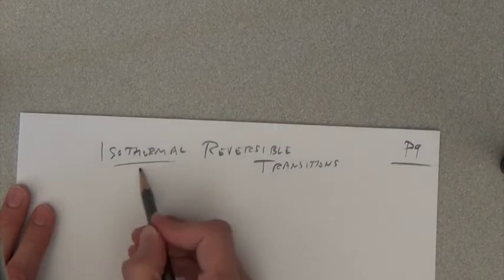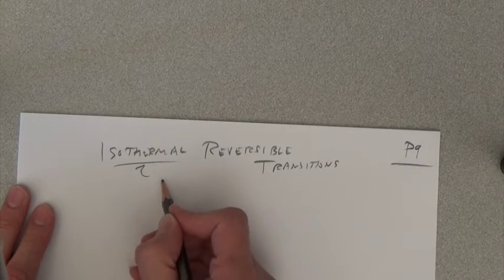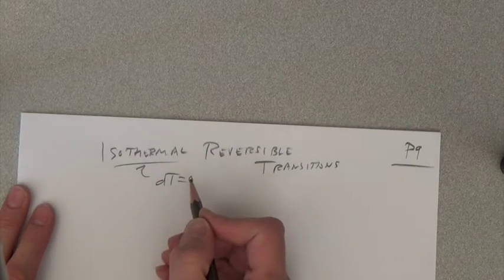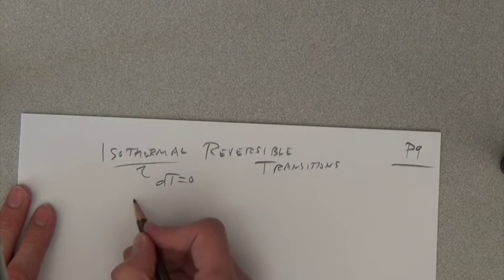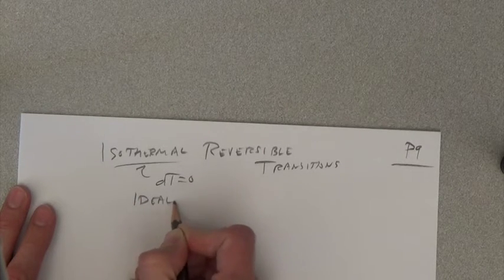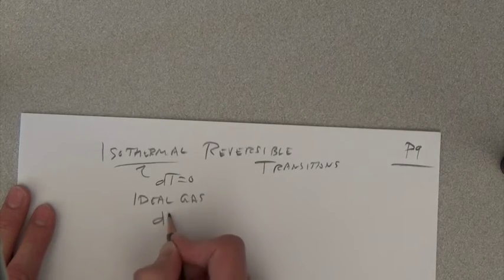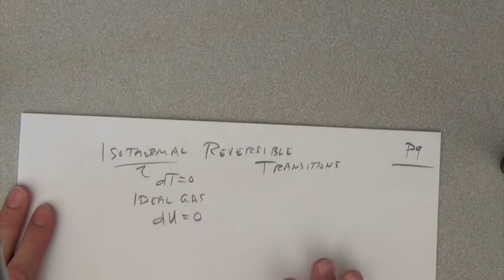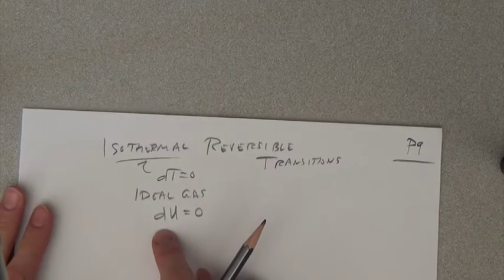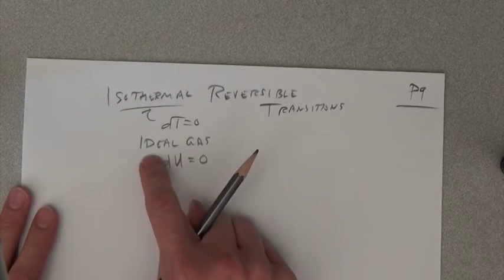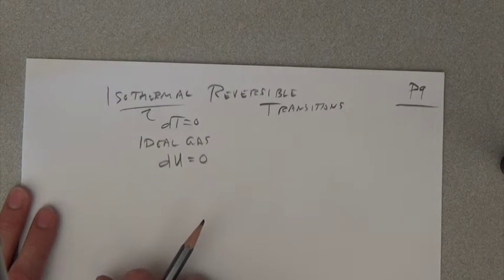And isothermal gives us dT equals 0, and because we're dealing with an ideal gas, we have dU is also equal to 0, because the only time that the internal energy can change for an ideal gas is when the temperature changes.